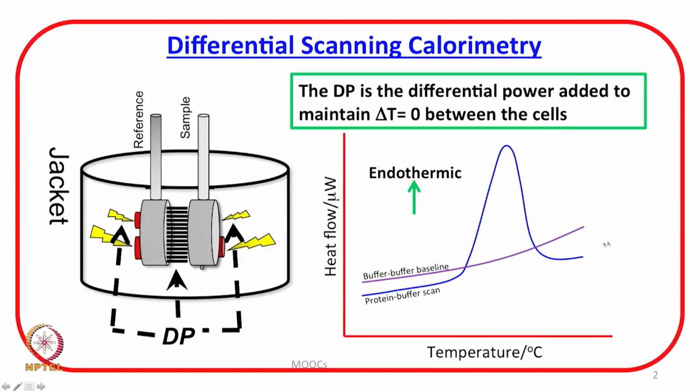We also highlighted the significance of carrying out a buffer baseline, which should take care of the heat capacity effects due to solvent and also the geometrical differences between the sample cell and the reference cell. The design of the sample cell and the reference cell can make a big difference.